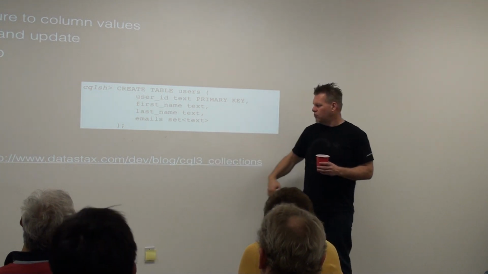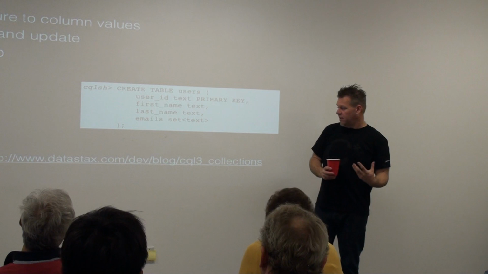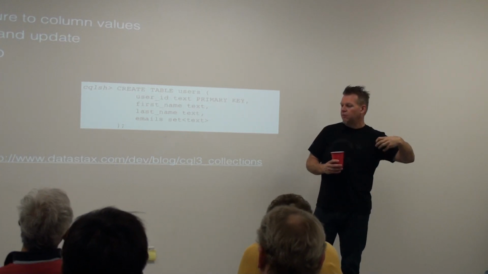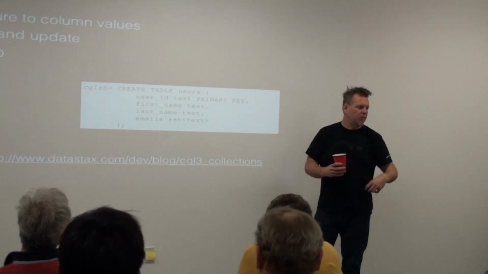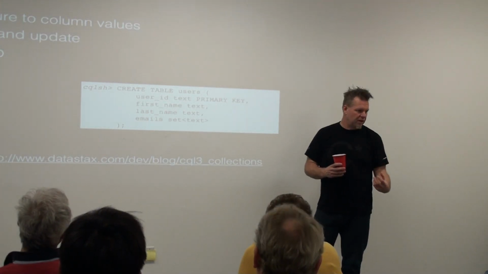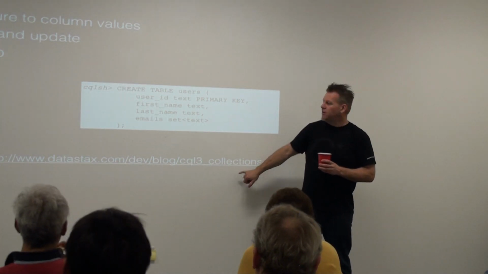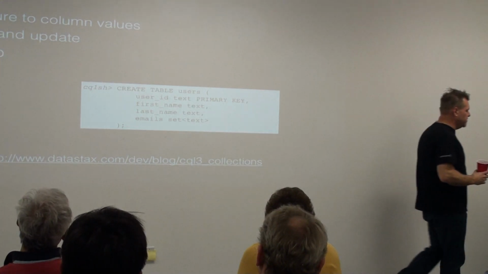When you set that into the database, you can give it a Java set. Whenever you want to update one item, you can update one item inside the set. If you want to get one item inside that set, you can also get one item in that set. We have a whole blog post about how to use them. This is a very useful data modeling technique. This gives you some dimensionality to your data.